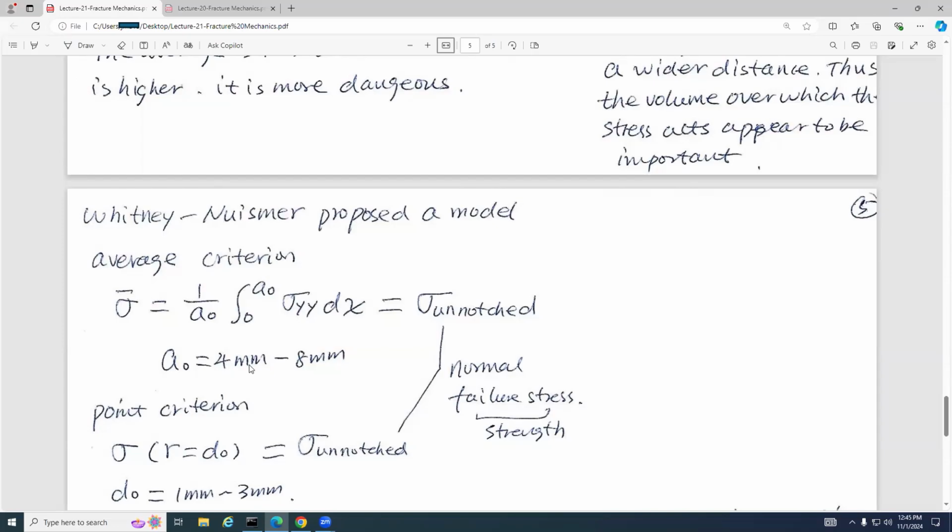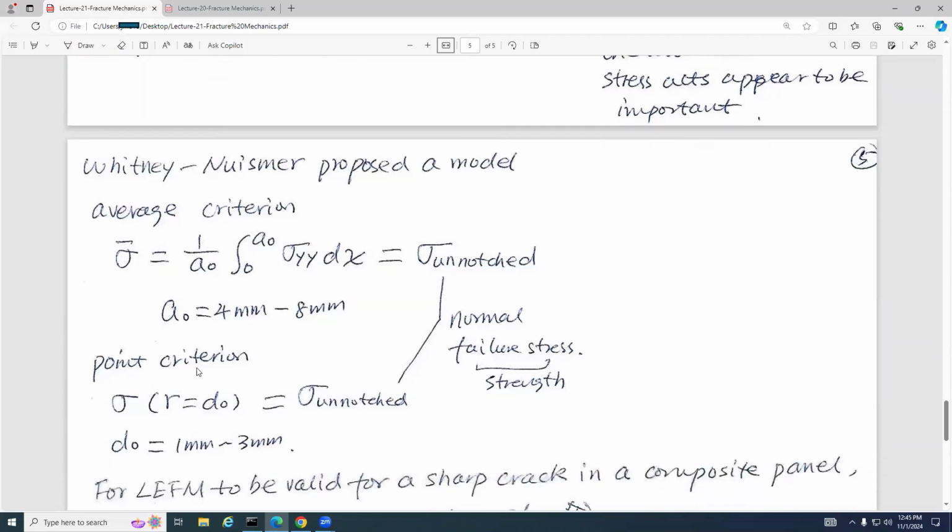a0 is 4 millimeters to 8 millimeters, depending on the materials. So this is one criterion. The second criterion is a point criterion. You can take a distance in front of the hole when theta equals 0, and select d0, which usually equals 1 millimeter to 3 millimeters.